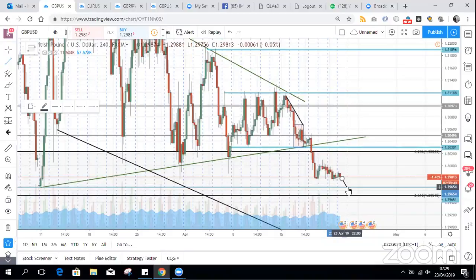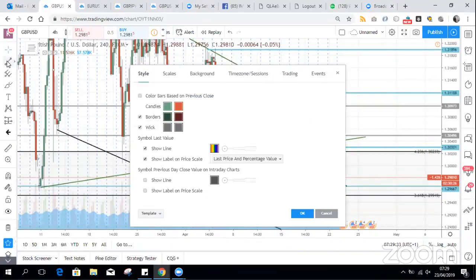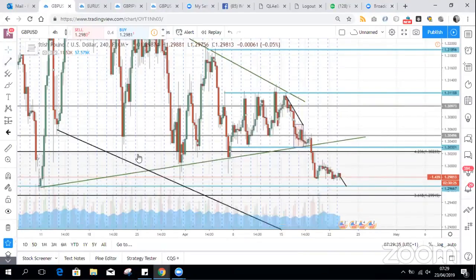We should come down to test the line. Should typically come down to test waters before taking off. So something like this is what we should expect to move to the upside.